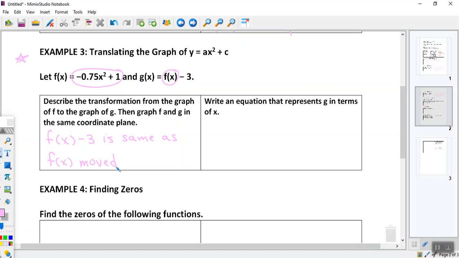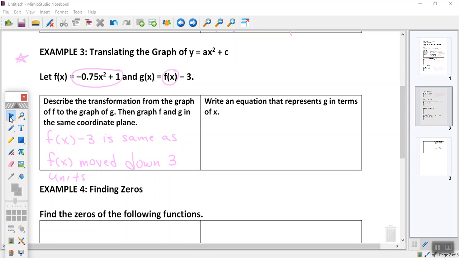F of x minus 3 is the same as taking your original function f and moving it down 3 units. Okay? So f of x minus 3 is the same as moving that f of x function down 3 units.